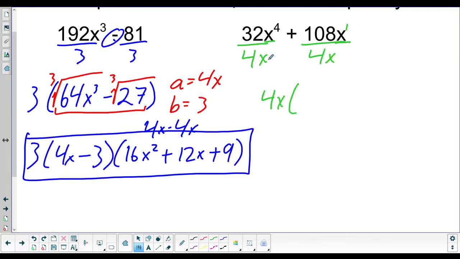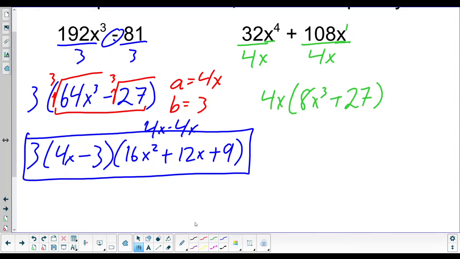We're going to divide. 4 goes into 32 how many times? 8. We had 4x's. We took one out, so we're going to have 3 left. Plus 4 goes into 108 27 times. We had 1x, we took it out, so there's no x there now.